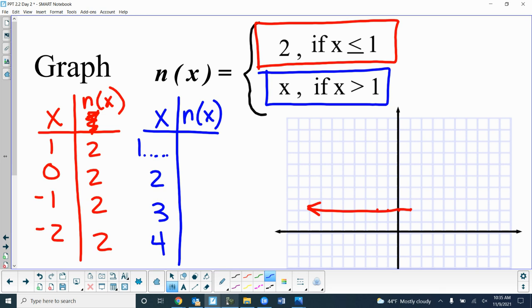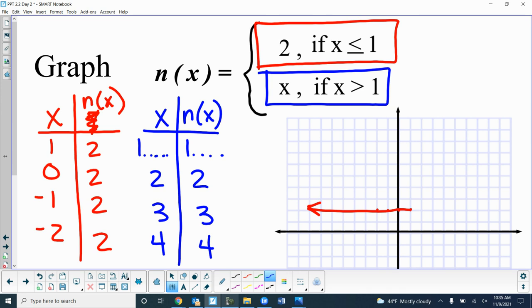So 1 point whatever is my x. So what's it equal? Itself. So this is 1 point whatever. When this is 2, what's this one? 2. When this is 3, what's this one? When this is 4, what's this one?